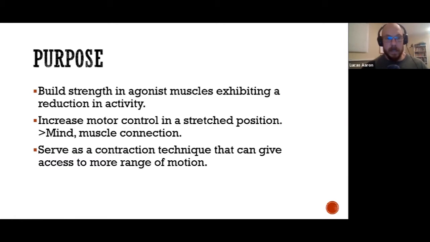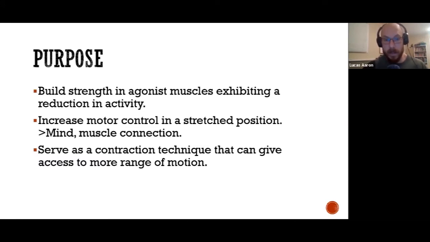The end range agonist activations also serve as a contraction technique that can give you access to more range of motion. So, for example, we are doing body weight static stretches, and we introduce contract relax within that. Contract relax, when we're in a static stretch, is contracting against the stretch to shorten the muscles that are being stretched, and then we relax deeper.